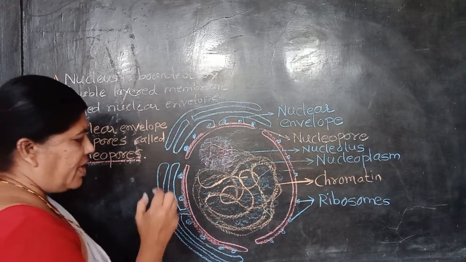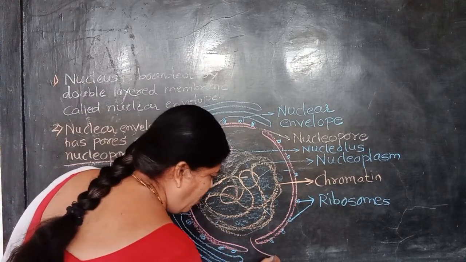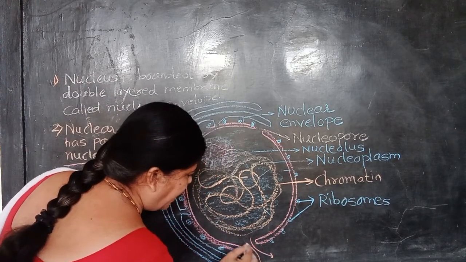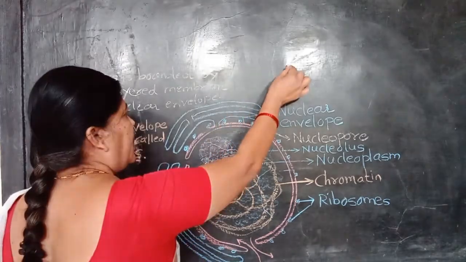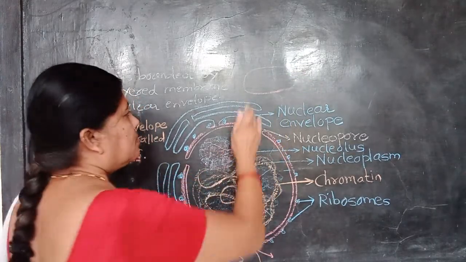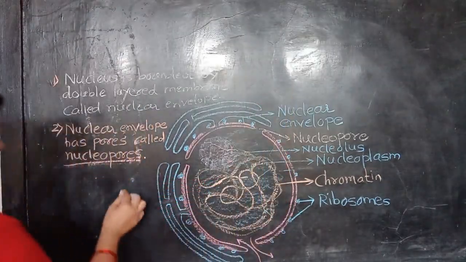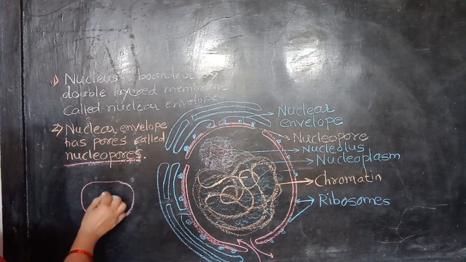Nucleopores regulate the movement of material from nucleoplasm to cytoplasm and from cytoplasm to nucleoplasm. See, this is the cell, and this is the nucleus.